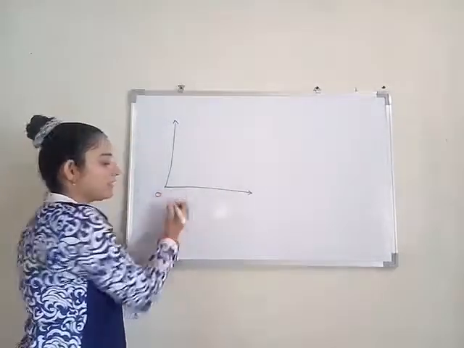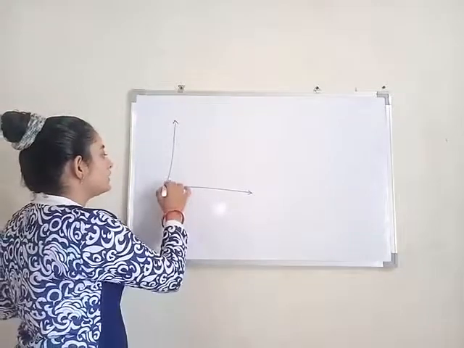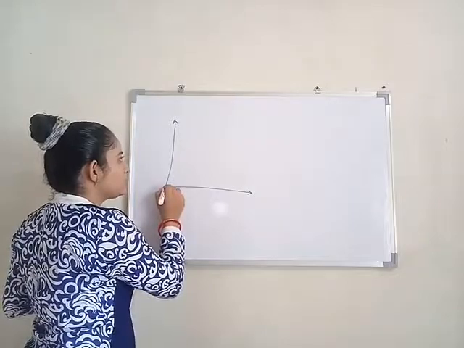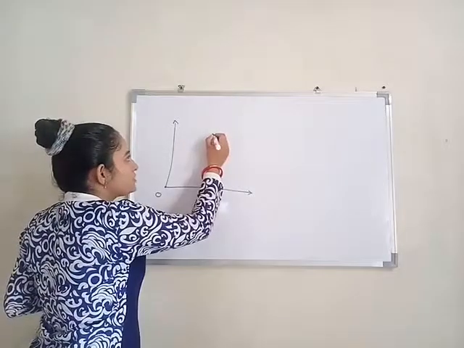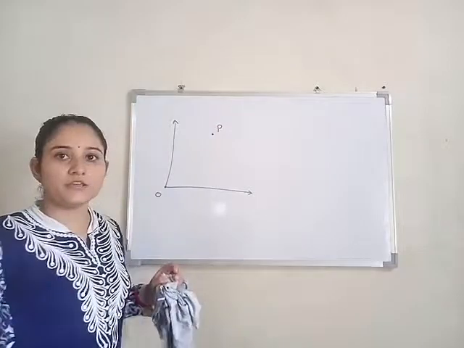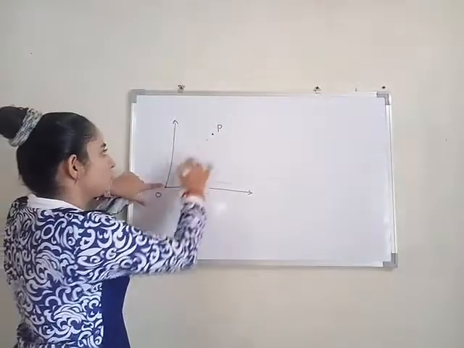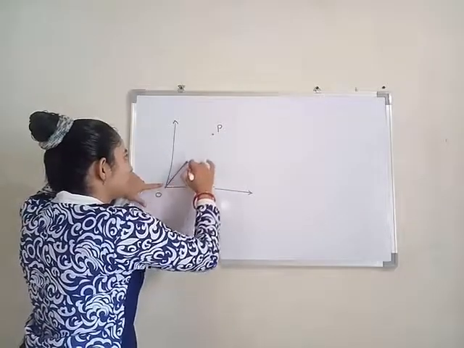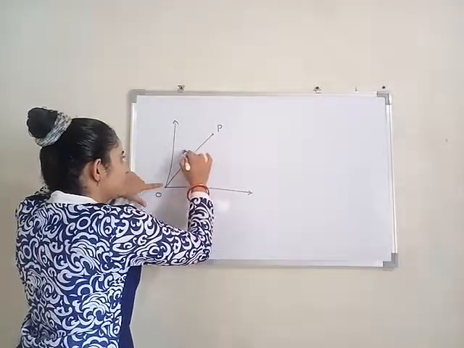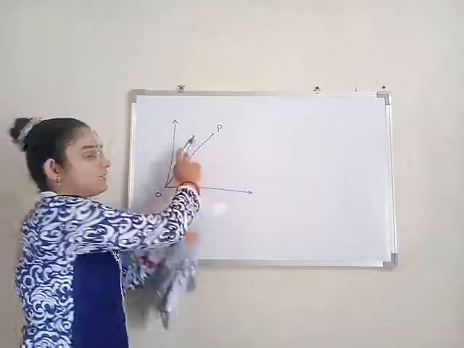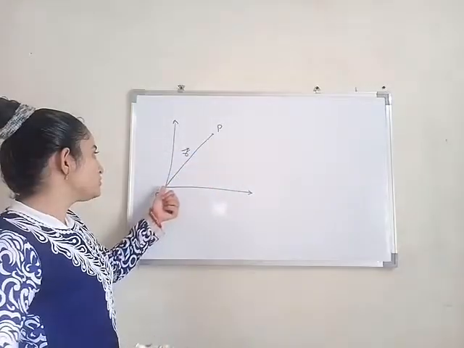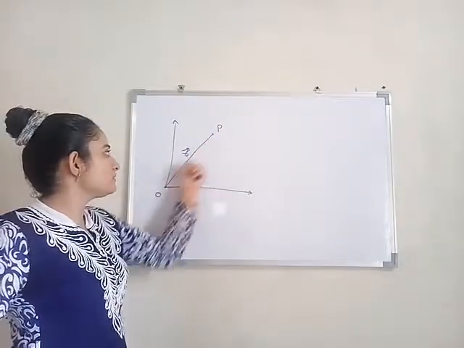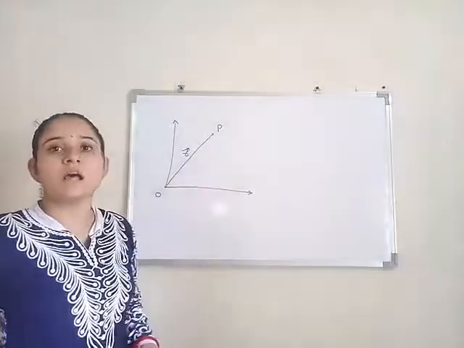Now, if the object or the particle moves from the origin to a position P, then this is its position, and this is known as the position vector. If we say position vector R, the position of this particle at point P from the origin is known as position vector R.